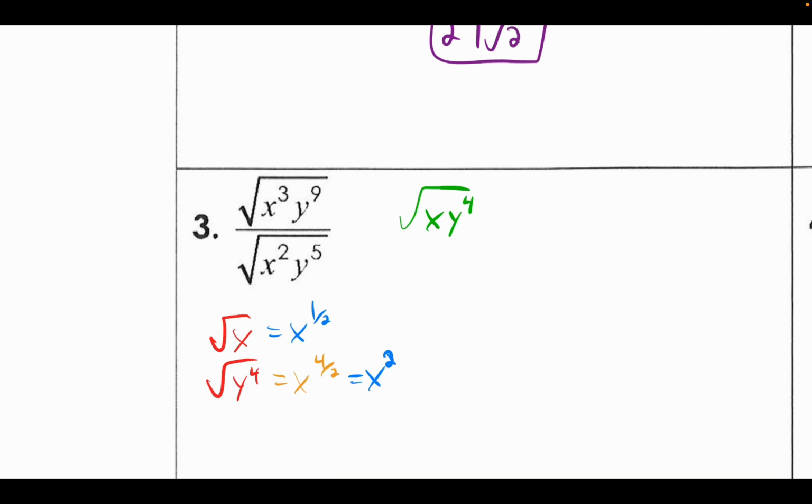And so this, as our final answer, would be y squared. Sorry, I said x. That would be y. And then times the square root of x. Man, I wrote x again down in the blue there. Darn me.